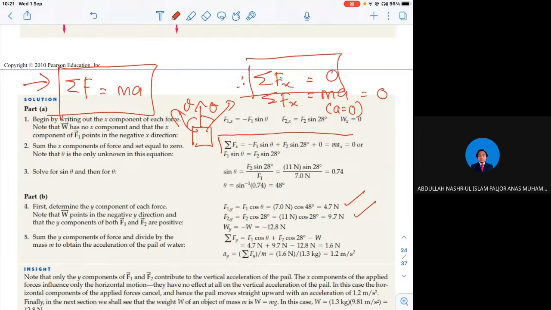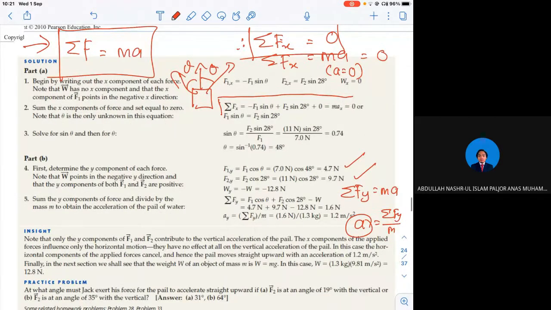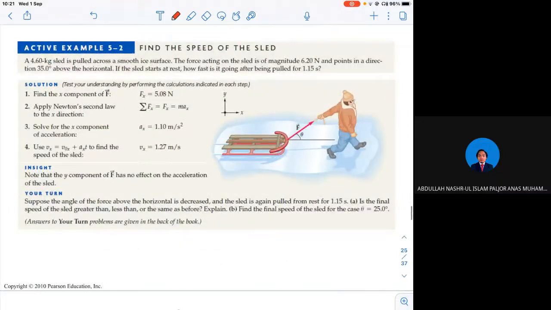Then you get the summation of Fy equals ma. In the end, we want to find the acceleration, summation of Fy divided by m. This is another example when you're dealing with the problem.